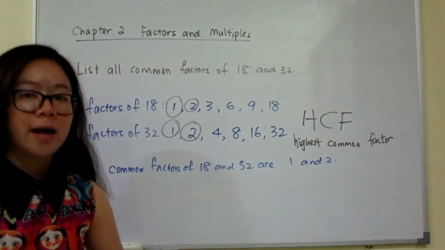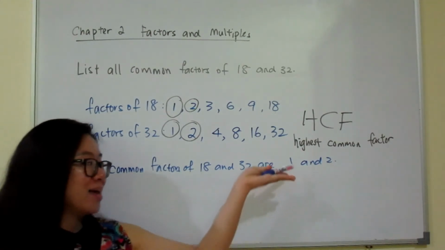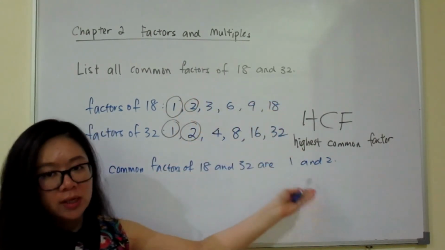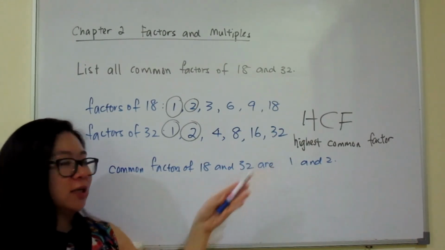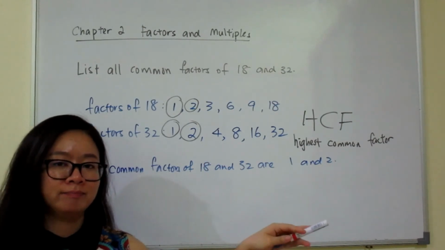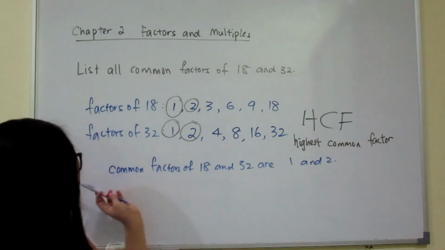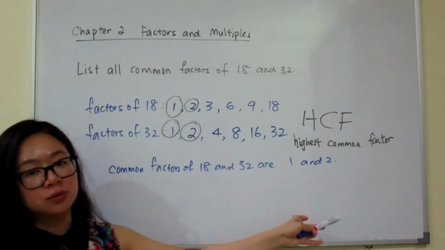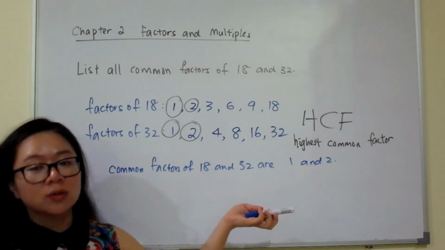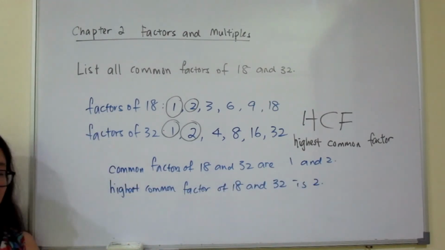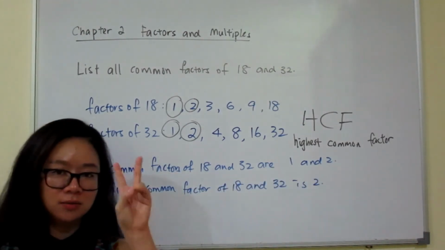As the name suggests, the highest common factor of 18 and 32 is the common factor which has the biggest number. We already identified the common factors of 18 and 32 are 1 and 2. Out of 1 and 2, which one is biggest? That is 2. So the highest common factor of 18 and 32 is 2.